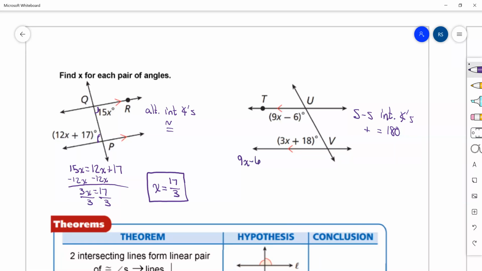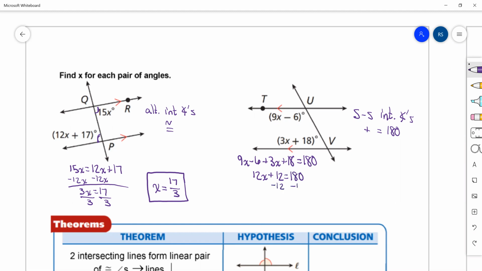9x minus 6 plus 3x plus 18 equals 180. 9x plus 3x is 12x. Negative 6 plus 18 is 12, equals 180.